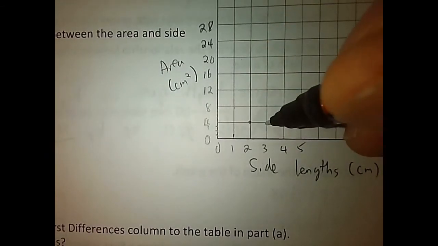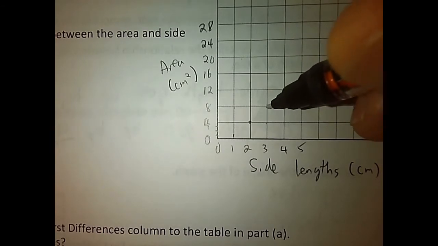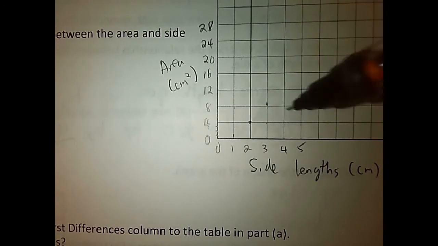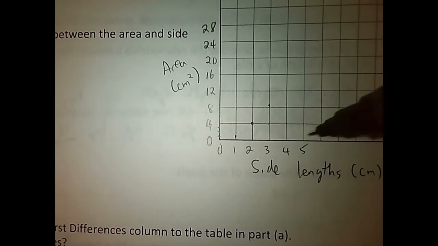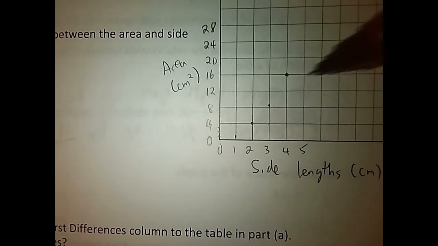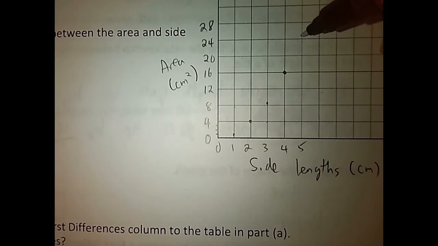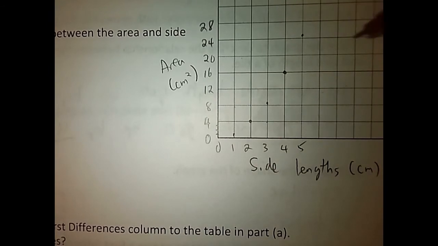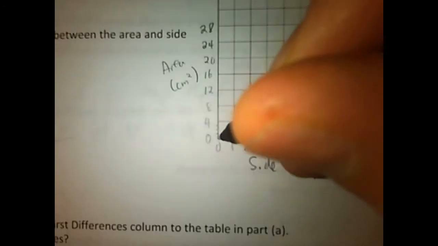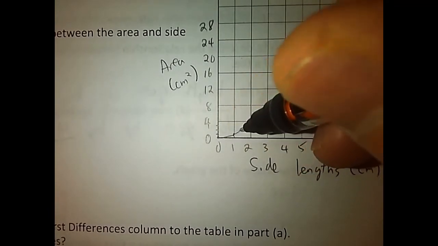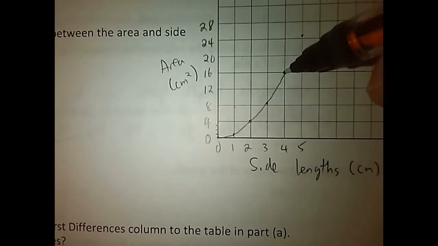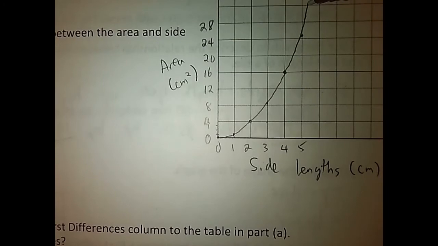And then 3, 9. Well, 9 is just a little bit more than 8. And then 4, 16. And then 5 and 25. And 25 will just be a little bit more than 24. We are also going to be starting at 0, 0. So we're going to join this, and we're going to get this kind of curve going on.